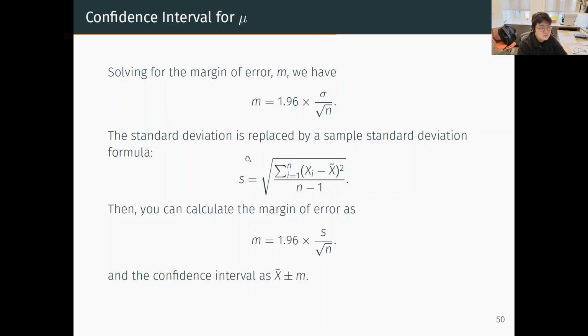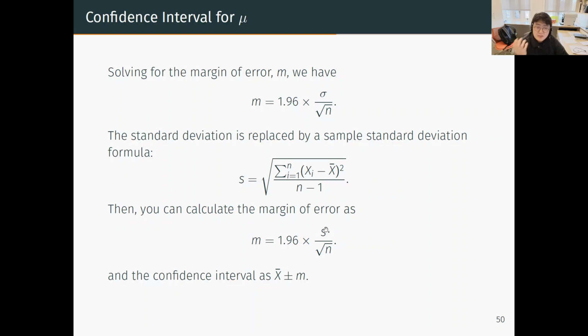Then I told you that you can use another point estimator for the variance. Using the sample variance formula and taking the square root, you can just plug this in to the standard deviation, and then you get this, and that means you can calculate everything. 1.96 is from the standard normal distribution.